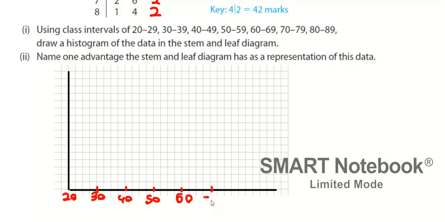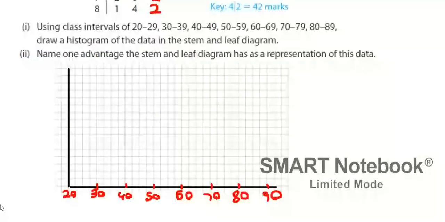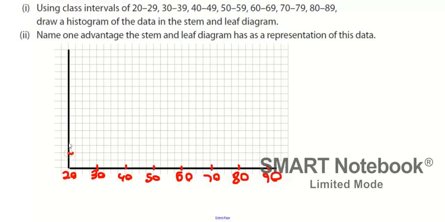How high do I have to go up? 80 and 90. Okay, the maximum number I have to go up is all the way up to 5, isn't it? 5 is my highest one. So I can make this 1, 2, 3, 4, 5. Okay, and all I'm going to do now is do my rectangles, and this shouldn't take long.